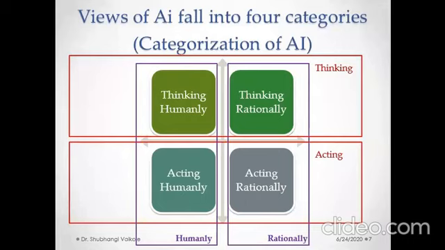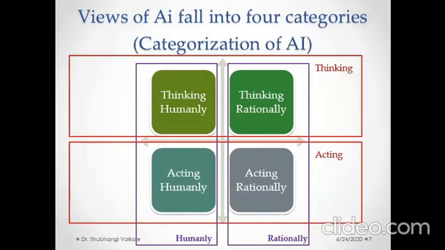Now, AI can be viewed in four categories, called the categorization of AI. So we can say AI is divided into four dimensions: systems that think like humans, systems that think rationally, systems that act humanly, and systems that act rationally.